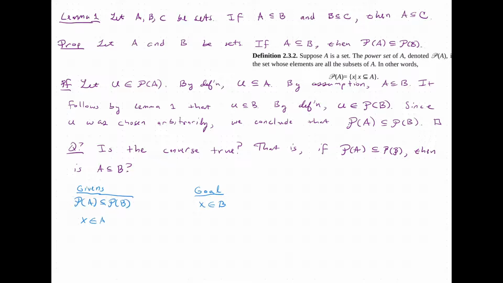Well, if we have that x is in A, that means that the set containing x is a subset of A. But if we have a subset, then we have an element of the power set of A. And so that's telling us that we have {x} in the power set of A by definition.